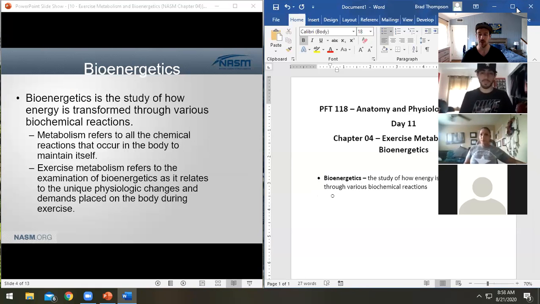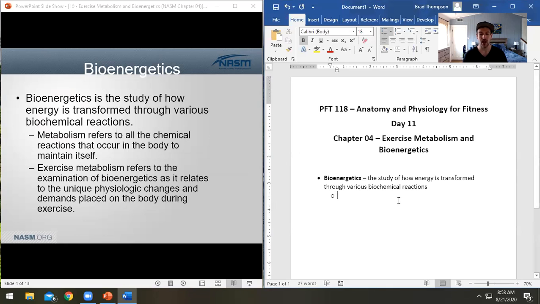So it is a big part of understanding metabolism, which is all chemical reactions that are taking place. But then we have exercise metabolism, so we have two separate little terms here.